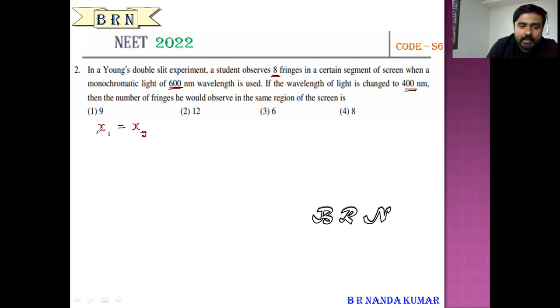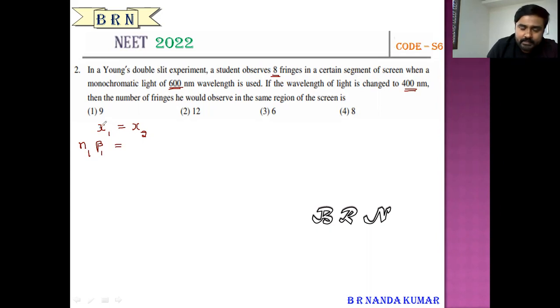So x1 is the number of fringes into fringe width. Okay, the width of each fringe, number of fringes into width of one fringe gives us the entire region distance. So that is equal to x2.